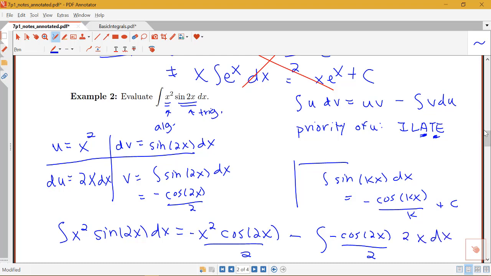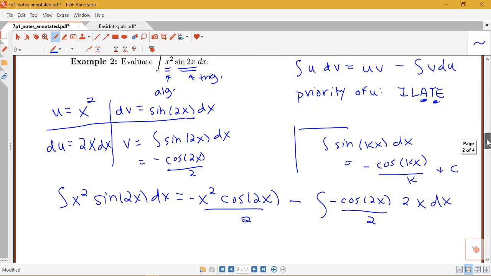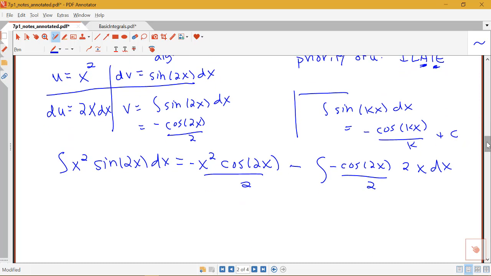Okay, so notice that we have made things a little bit simpler, but we're going to have to simplify this a little bit before I try to see what I'm left to integrate. So notice that those 2's cancel. I also here have minus and negative, so I can make that a plus.